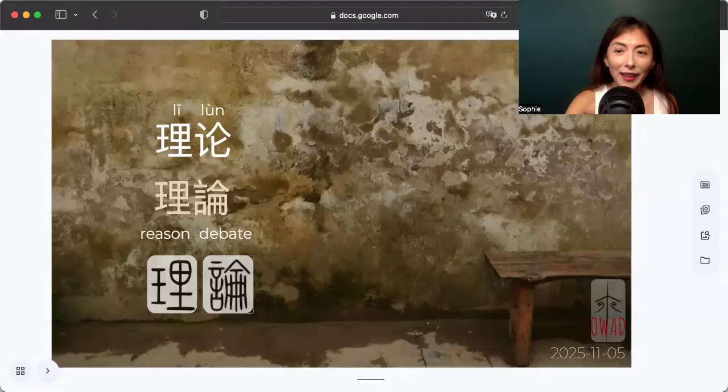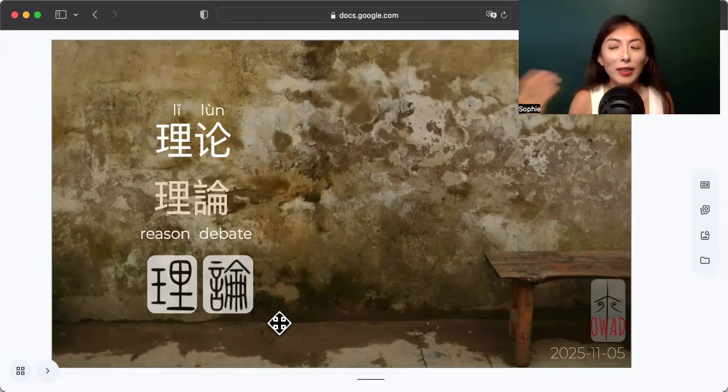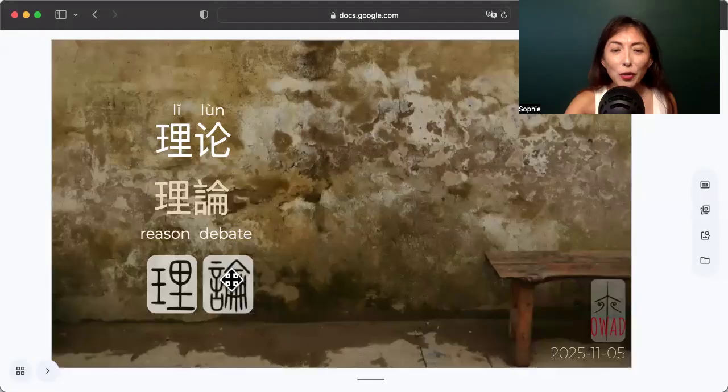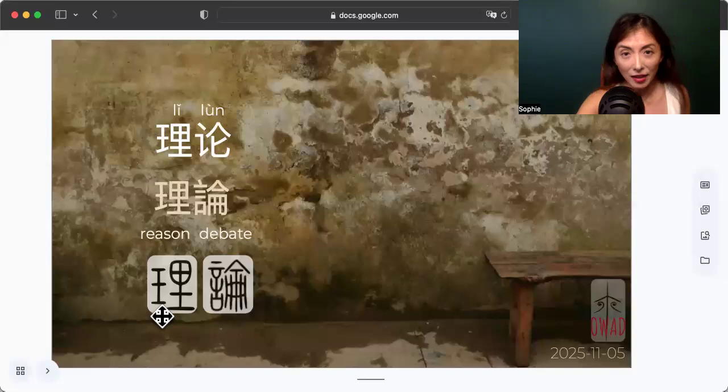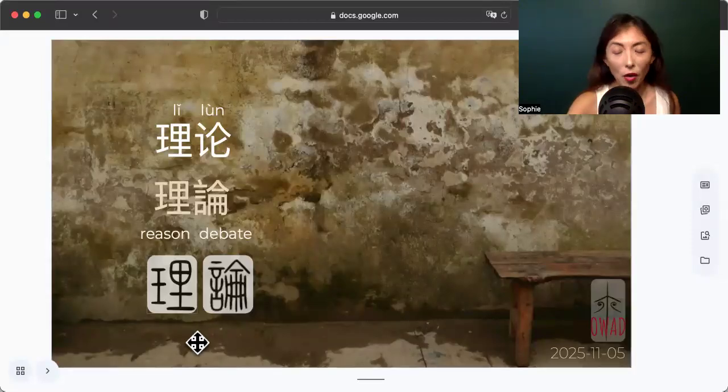Even if it's debate, right? It's thinking while you're speaking. That's what debate is about. And Chinese has this thinking abstracted in this way. Versus the other reason, this 理, the left side is the jade, and then the right side means where it comes from, your living quarters.